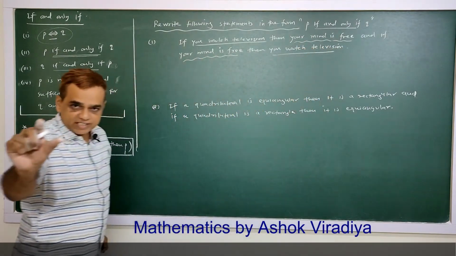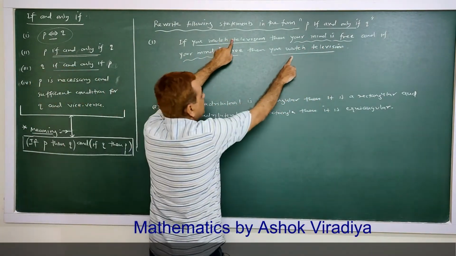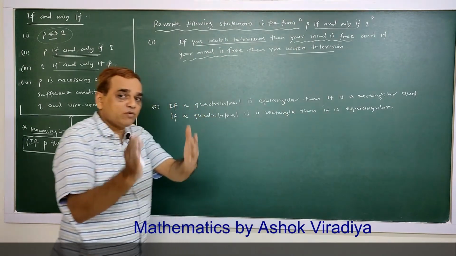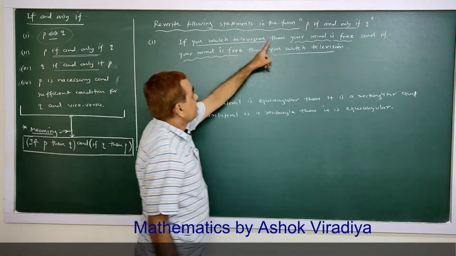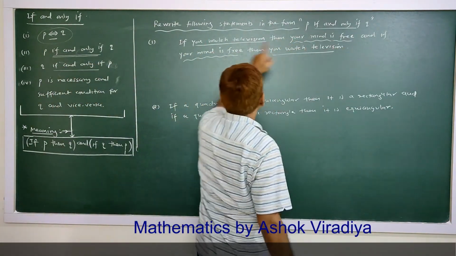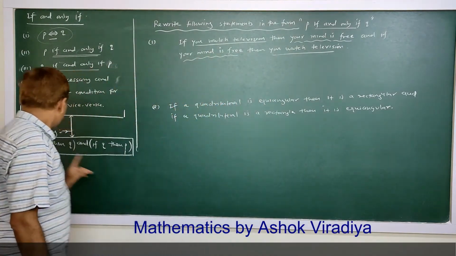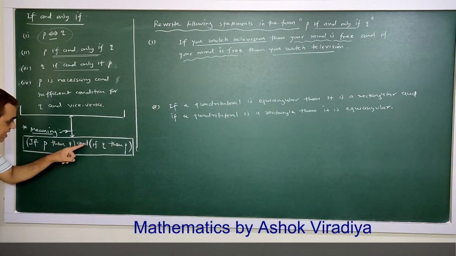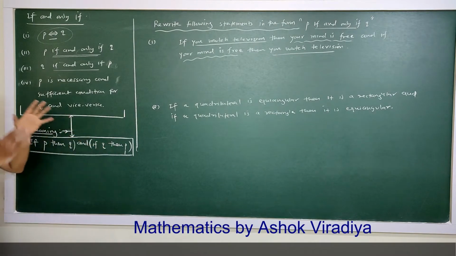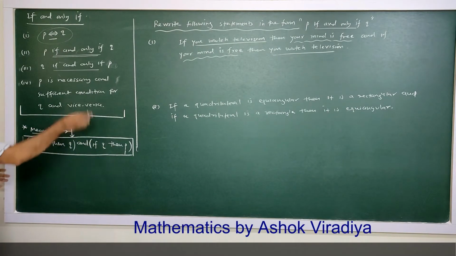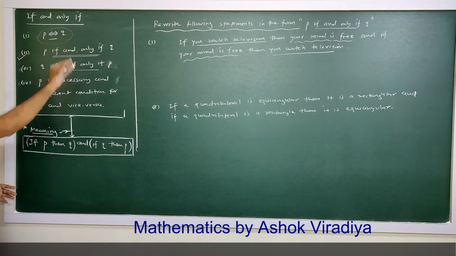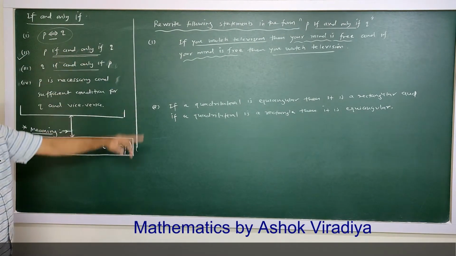If this is P and this is Q, then here it is given that if P then Q and if Q then P. Now this can be written as P if and only if Q.